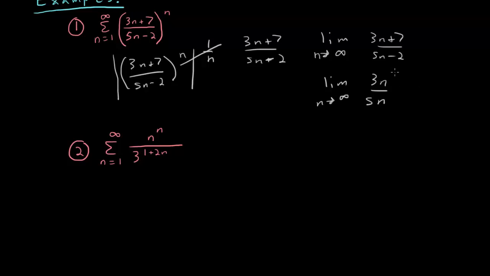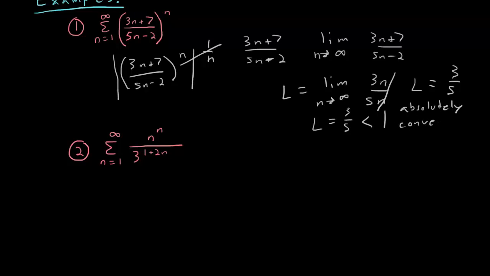And then you can cancel out those n's. So this is L. So L is going to equal 3/5, and 3/5 is less than 1. So this is an absolutely convergent series.